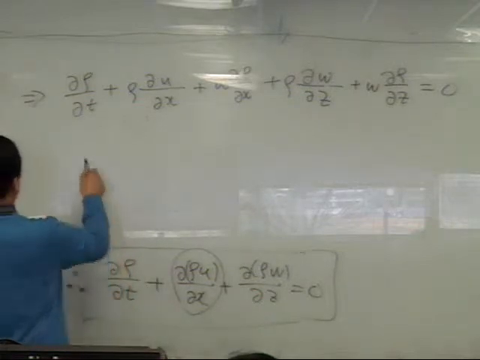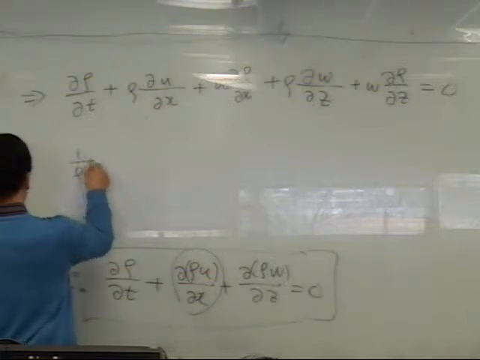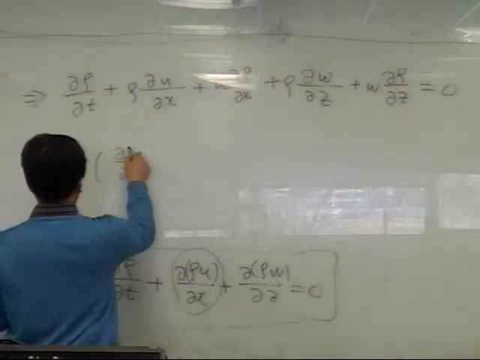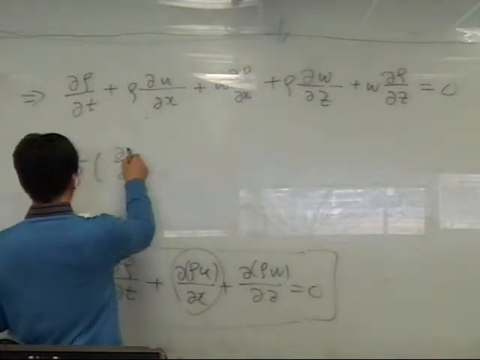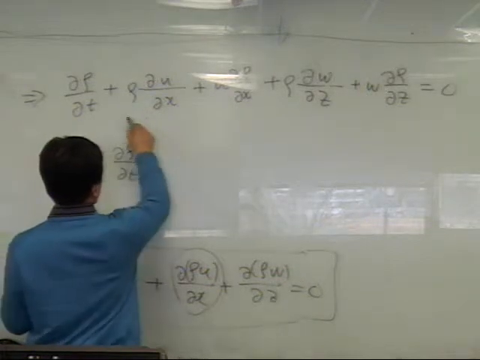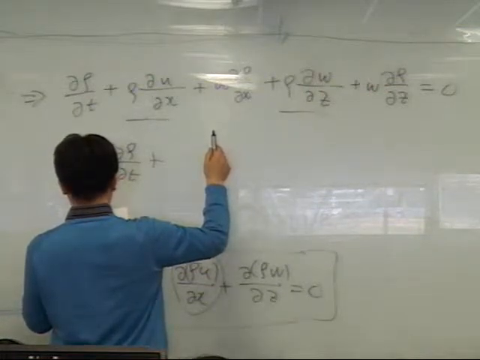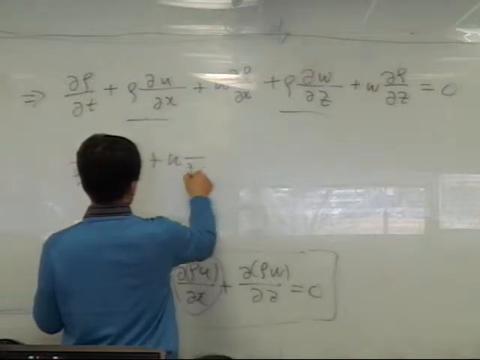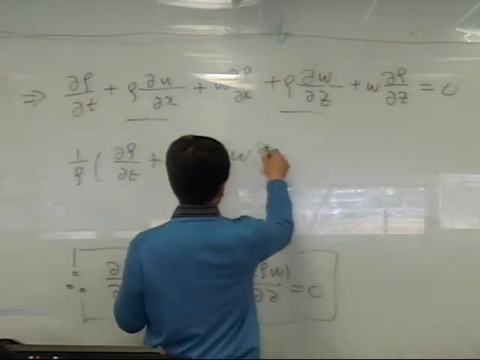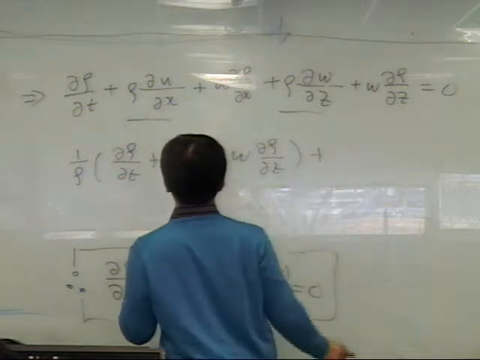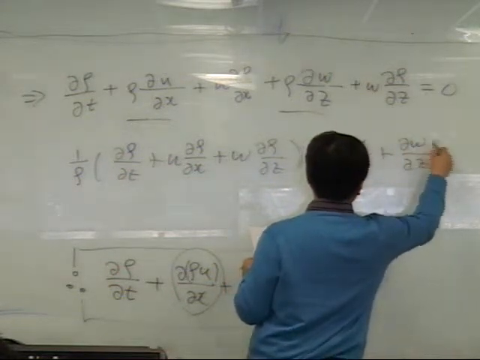Okay, then if we divide by rho, we get partial rho partial t plus these two terms, u partial rho partial x plus w partial rho partial z, plus the rest, equal 0, right?